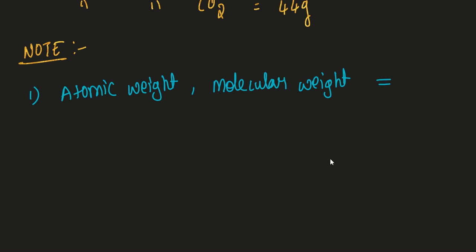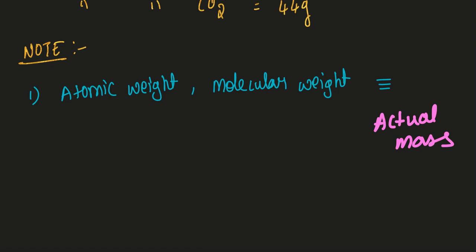The latest word is actual mass. So nowadays, instead of saying the atomic weight of sodium is 23 AMU, you can say the actual mass of sodium is 23 AMU.